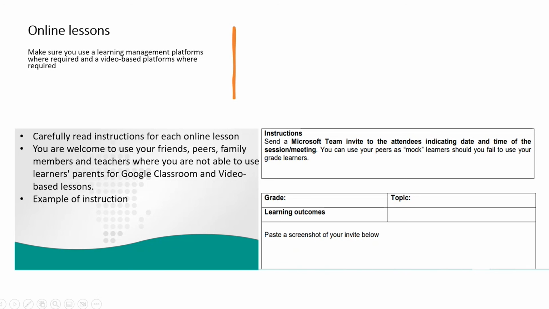There are instructions that go with that lesson. I said you can use your peers as mock learners should you fail to use your grade learners. Now it shows here you are going to show the grade, the topic and the learning outcomes. More importantly, paste a screenshot of your invite below.